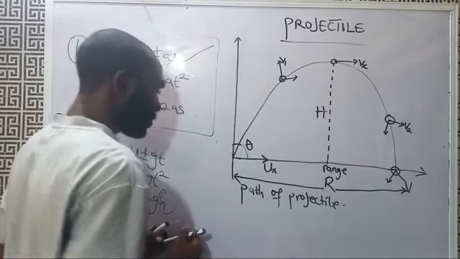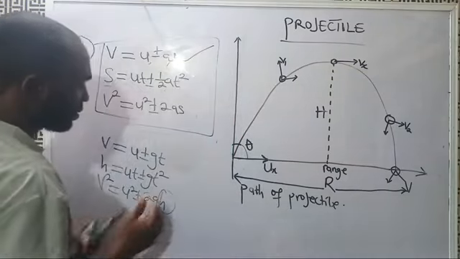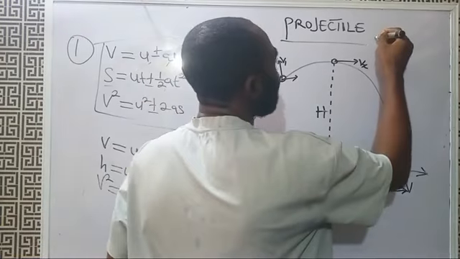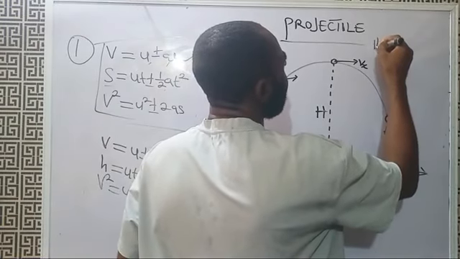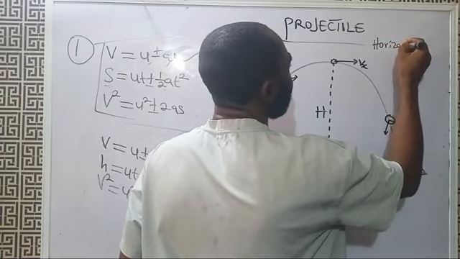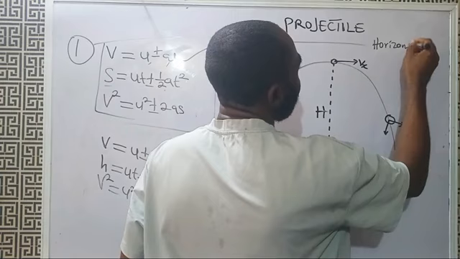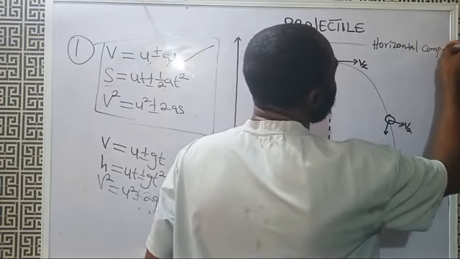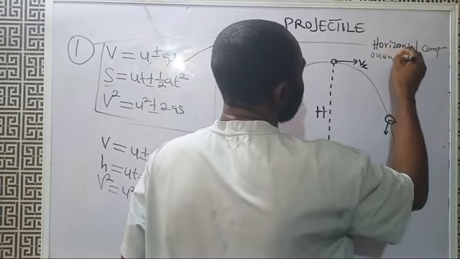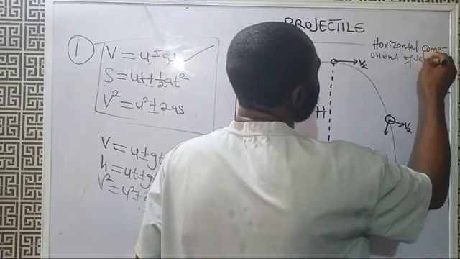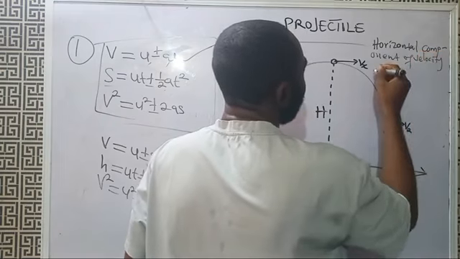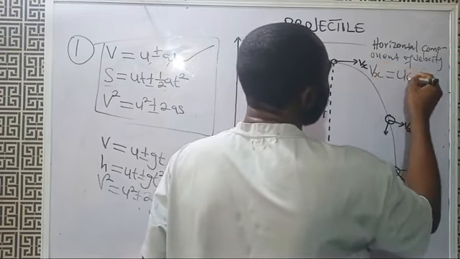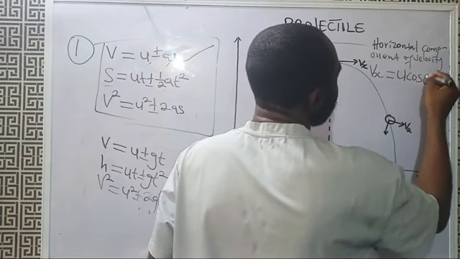So in the horizontal component of velocity, you have that Vx will be equal to u cos theta.